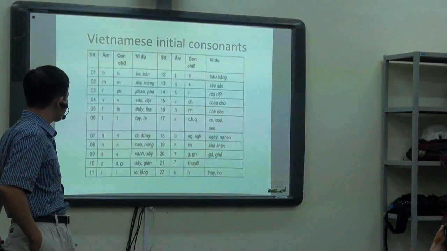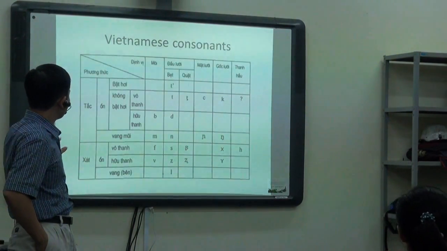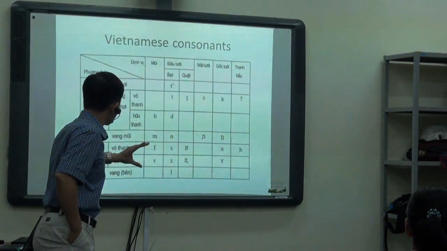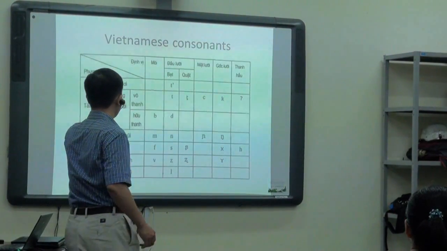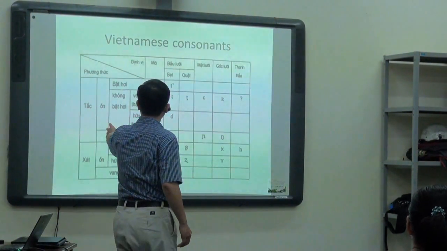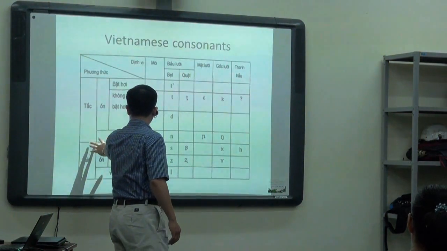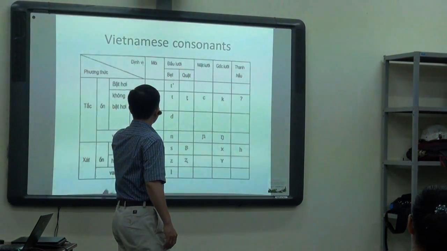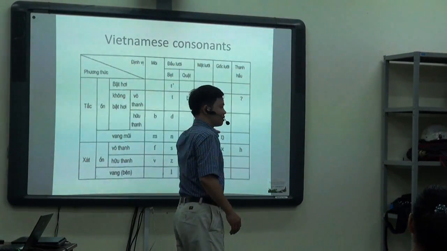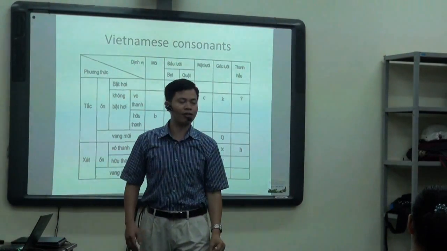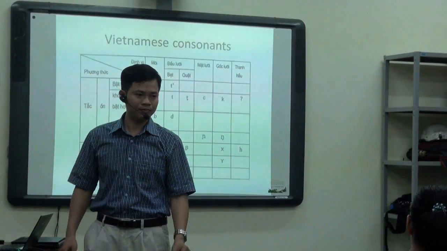So we describe that with a chart that looks similar to English, but you see this chart is different in that it is more complicated in manner of articulations, and there are fewer categories for place of articulation.